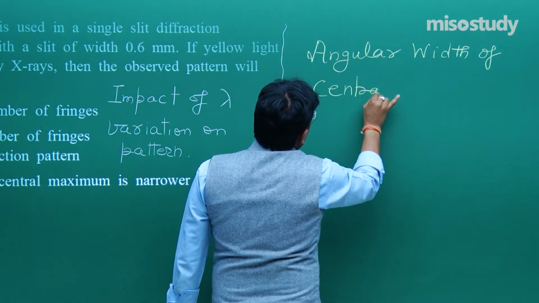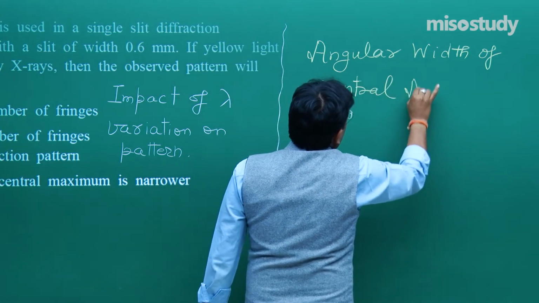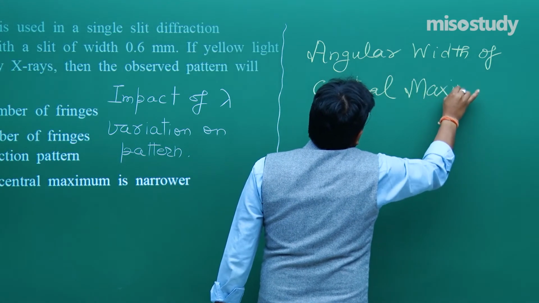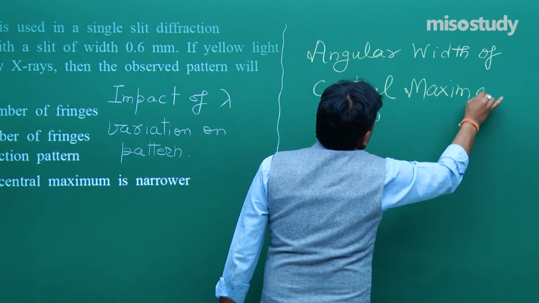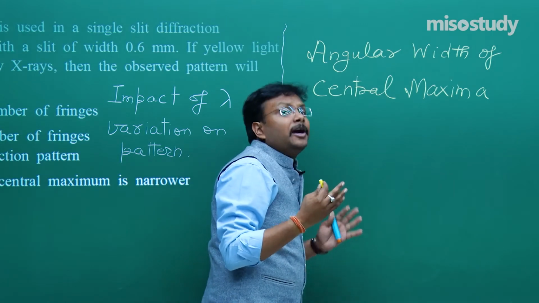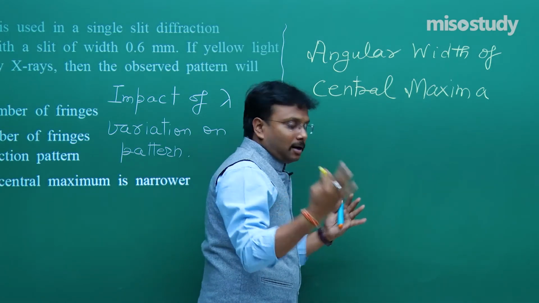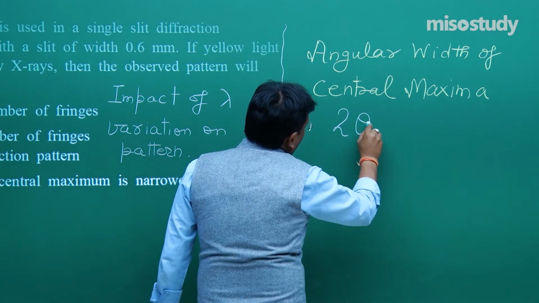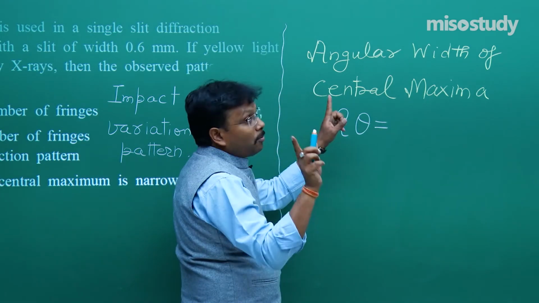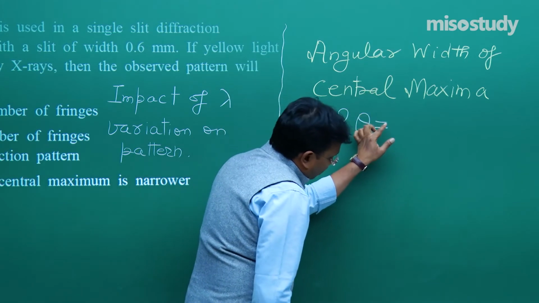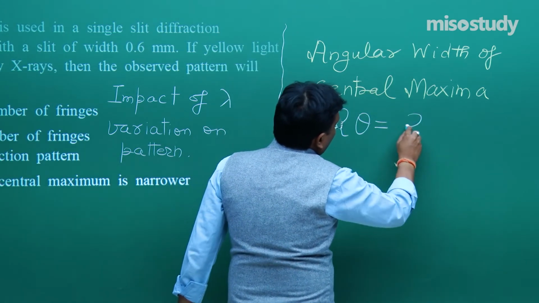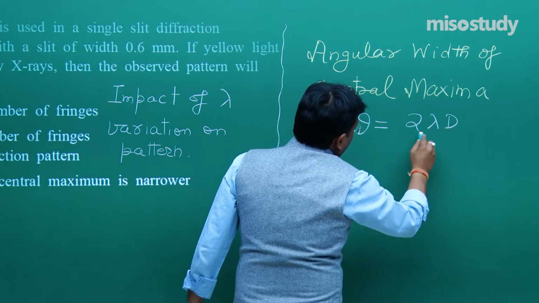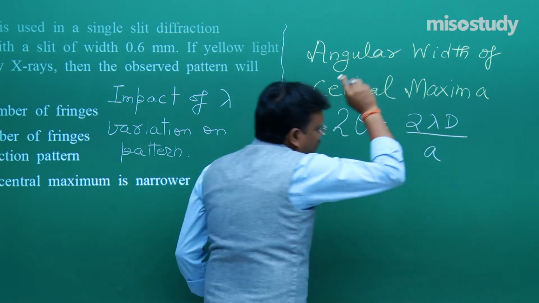If we can find the central maxima, then we can easily predict the change in the pattern. So it is going to be 2 theta, that is the angular width of central maxima, equal to 2 lambda D by a.